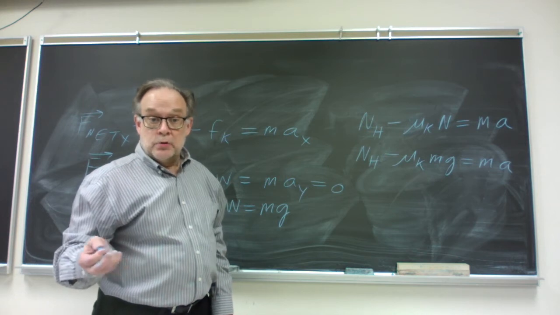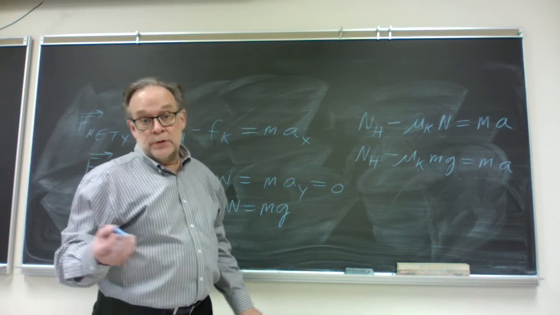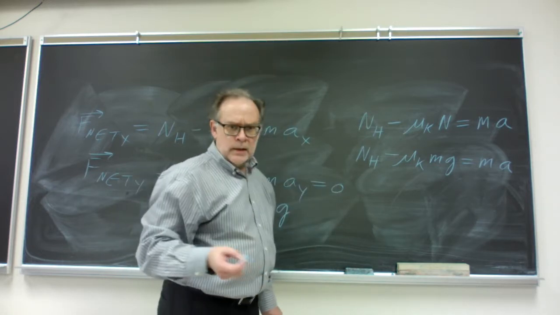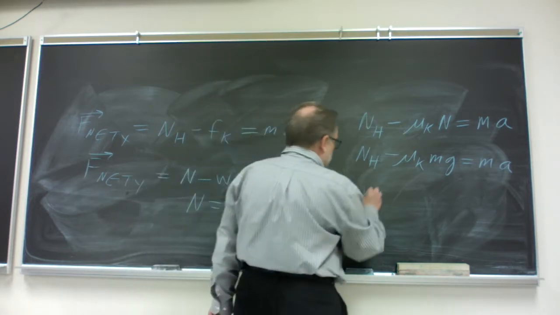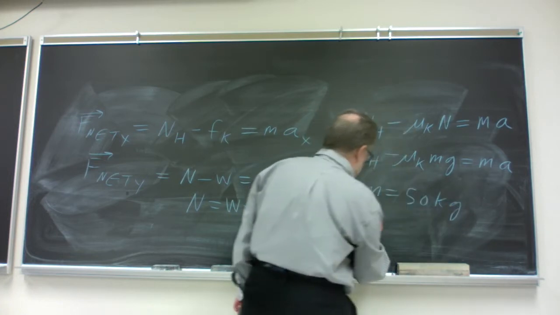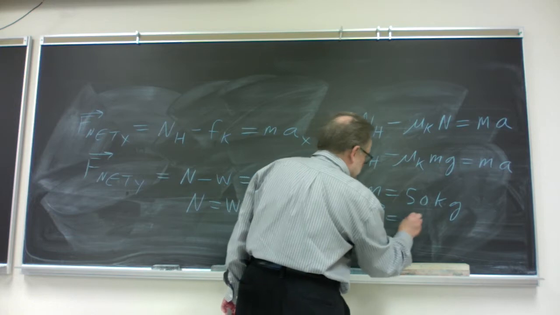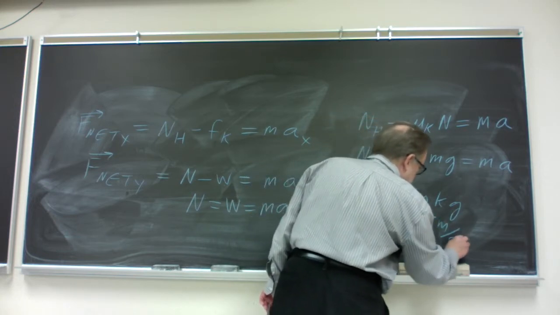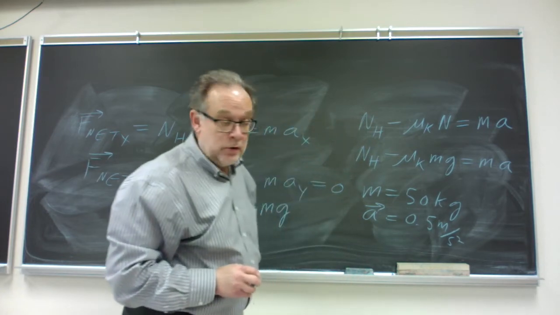Now we can insert the numbers and figure out what we have for a coefficient of friction. So in this case, what numbers did we know? We know the mass is 50 kilograms and the acceleration is 1/2 meter per second squared.